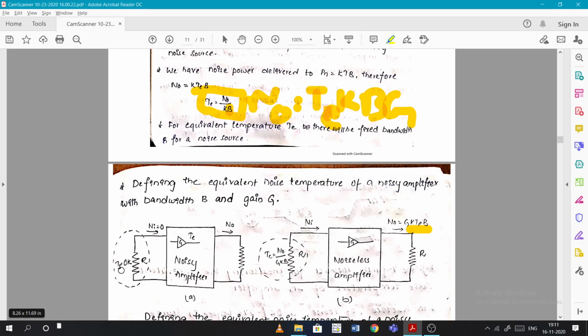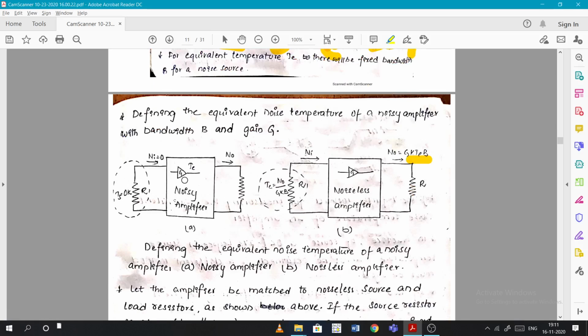An ideal source exists only at 0 Kelvin, because there will be no temperature. 0 Kelvin is an absolute temperature that we can't reach, that's why it is called ideal. So there will be no thermal noise, and the input noise power is also 0. But as it is a noisy amplifier, the amplifier itself will generate some noise.